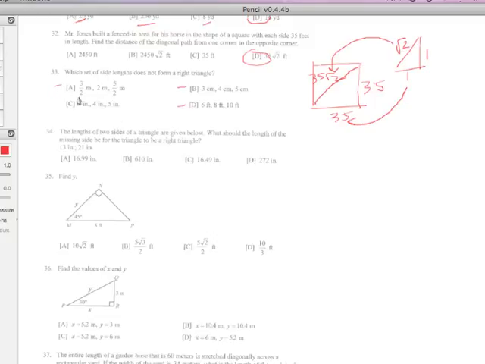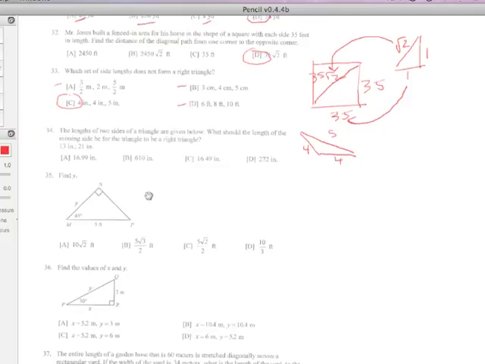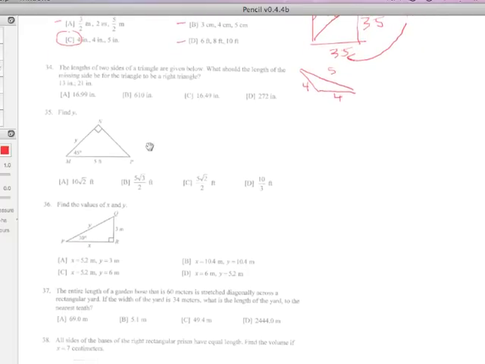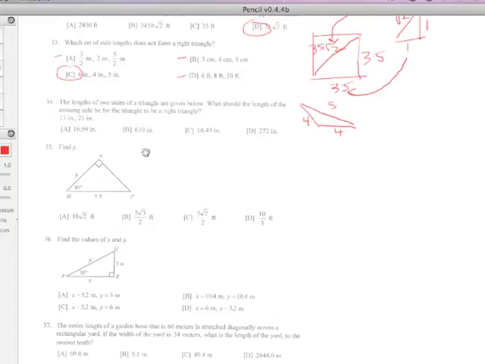So it has to be this C. Also, if you tried to make a triangle that was 4 by 4 by 5, there's no angle you could make here to make this side 5, right? Does that make sense?